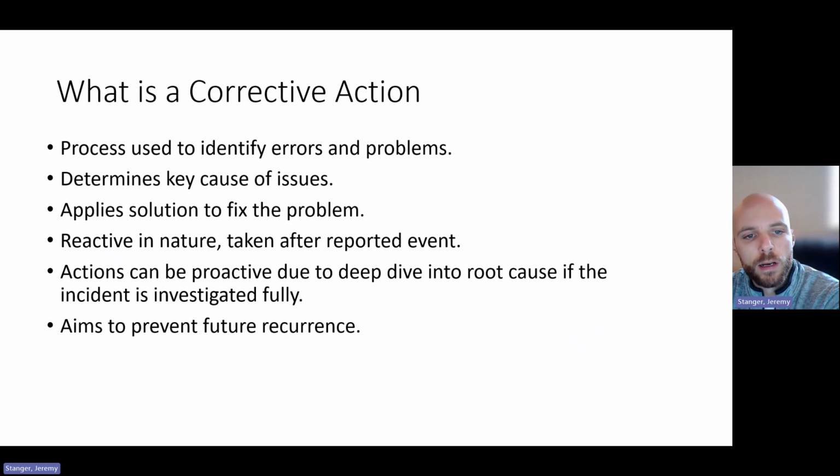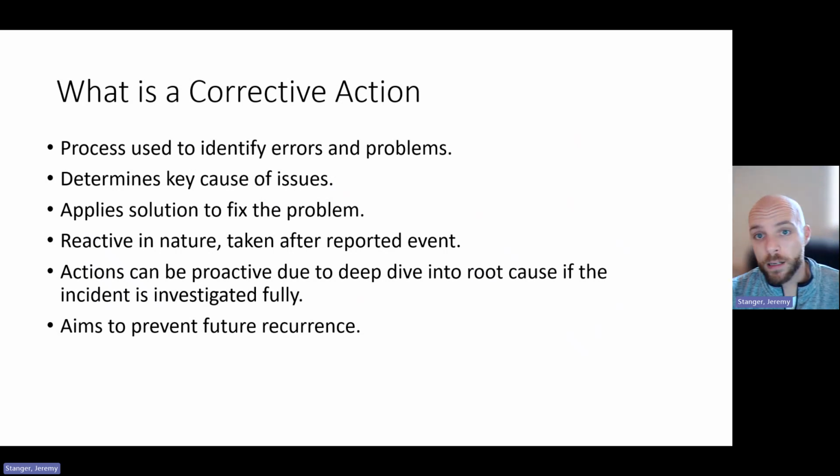In other words, actions can be proactive due to a deep dive into root cause if the incident is investigated fully. So again, if you have an incident or a near miss, you properly investigate it, you figure out what your root causes are, you can apply corrective actions to those root causes to help prevent reoccurrence.